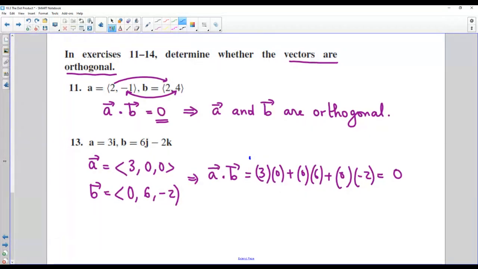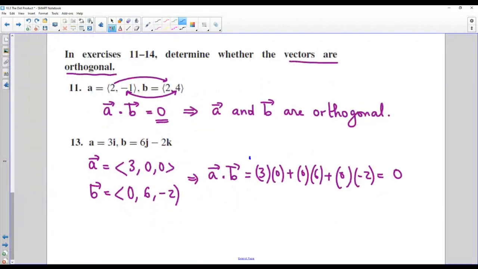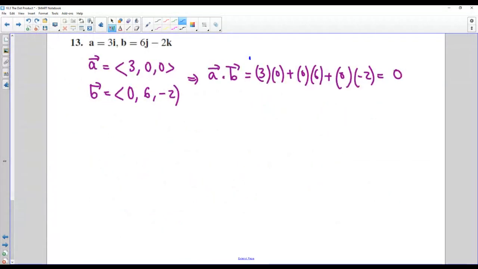So what is the conclusion? Yes, they are orthogonal. These vectors are orthogonal. That's it. No need here, don't need to use cosine or magnitude or anything. Because the dot product is 0, so yes, A and B are orthogonal.